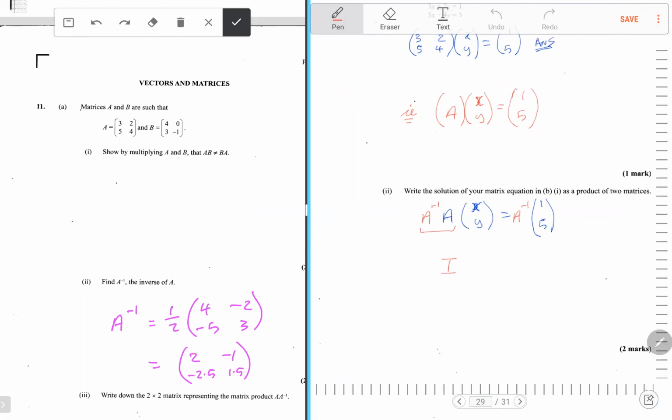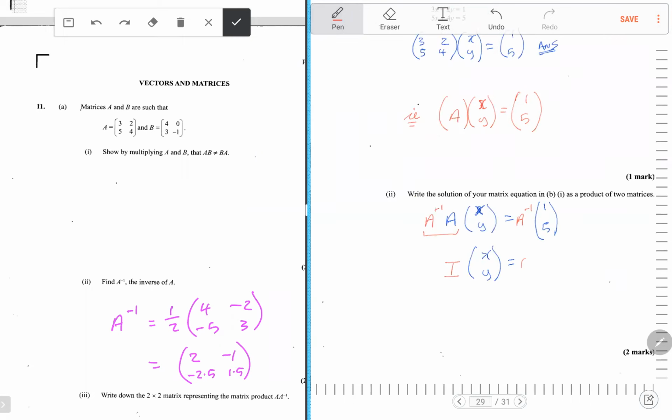Right? That's the I matrix times the XY now equals A to the minus 1 times the 1, 5.